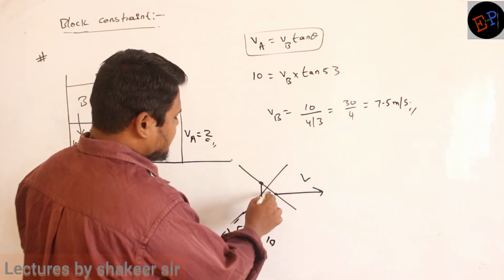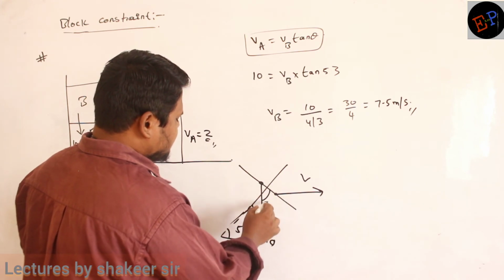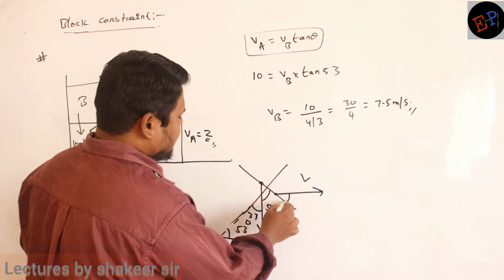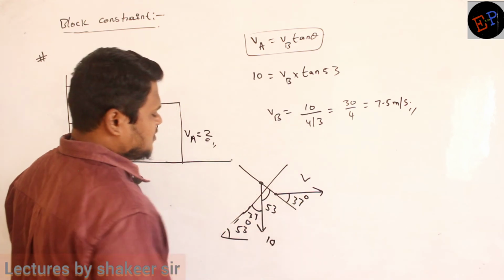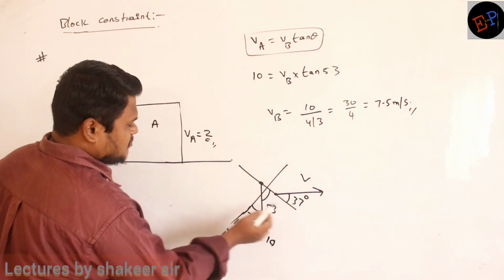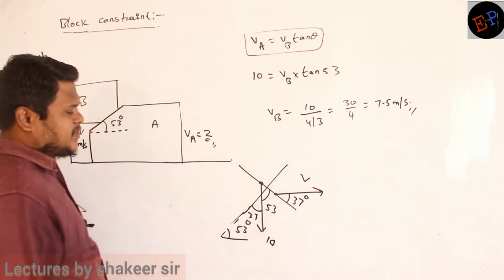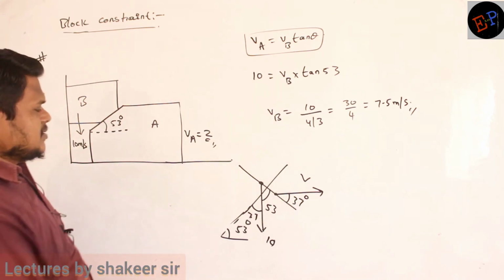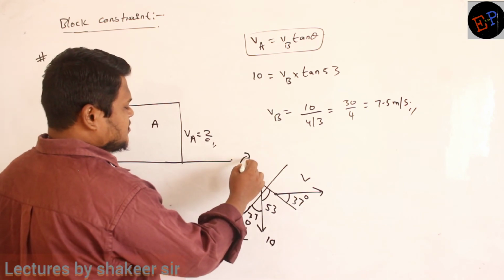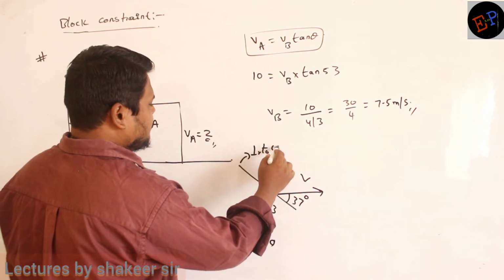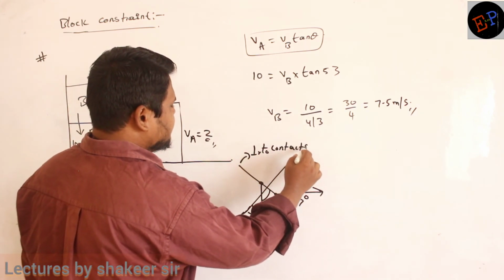If this angle is 37, this angle is 53 and again this angle is 37. That's all. What is this line? This line is the contact surface and this one is the perpendicular to contact. Sorry, this is the contact surface, this one is perpendicular to contact surface.